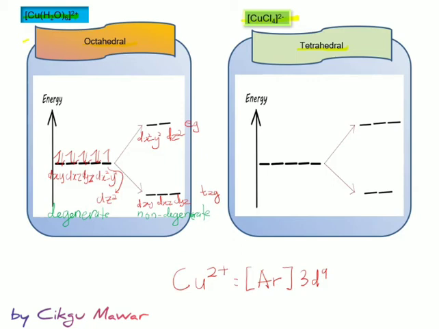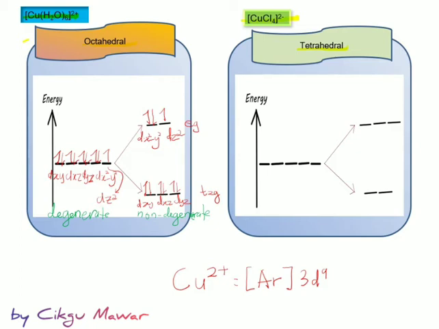Since I use a weak ligand here, which is water, we can fill up all the electrons in the orbitals. Starting from lower energy: 1, 2, 3, and then 4, 5, 6, 7, 8, and 9. This is how we fill up the electrons in the non-degenerate orbitals.